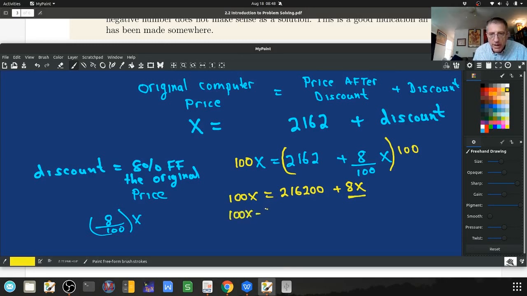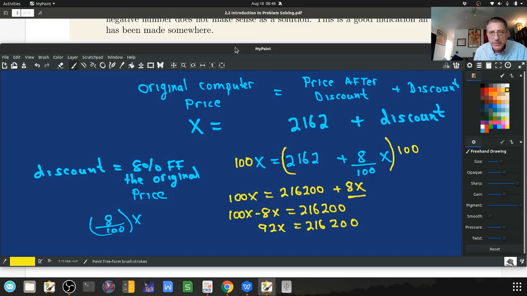I'm going to have 100x minus 8x is equal to 216,200. So that's going to give me 92x is equal to 216,200.